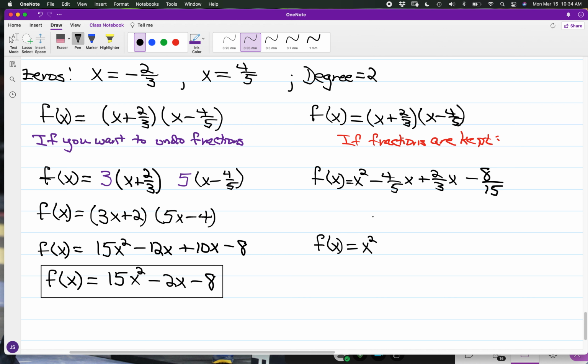So I have x squared, negative 4/5 of x plus 2/3 of x.